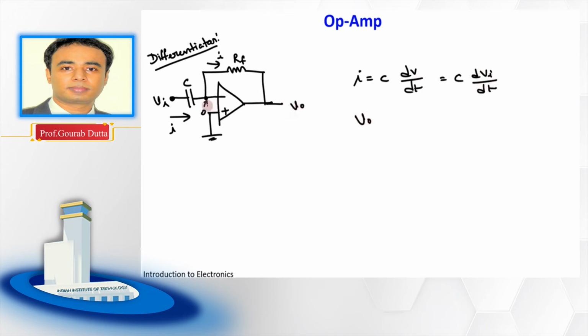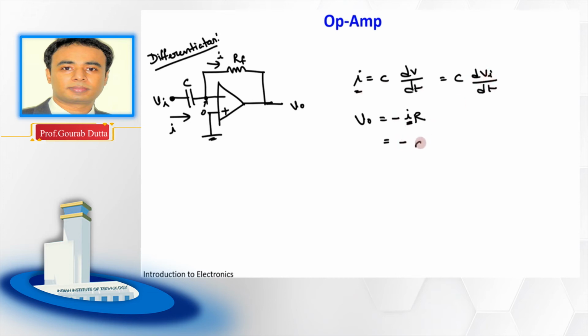What is the output voltage? This node is at 0, so the output voltage is equal to minus I into RF. This is the same I, so we can put the value of I in terms of the input voltage.